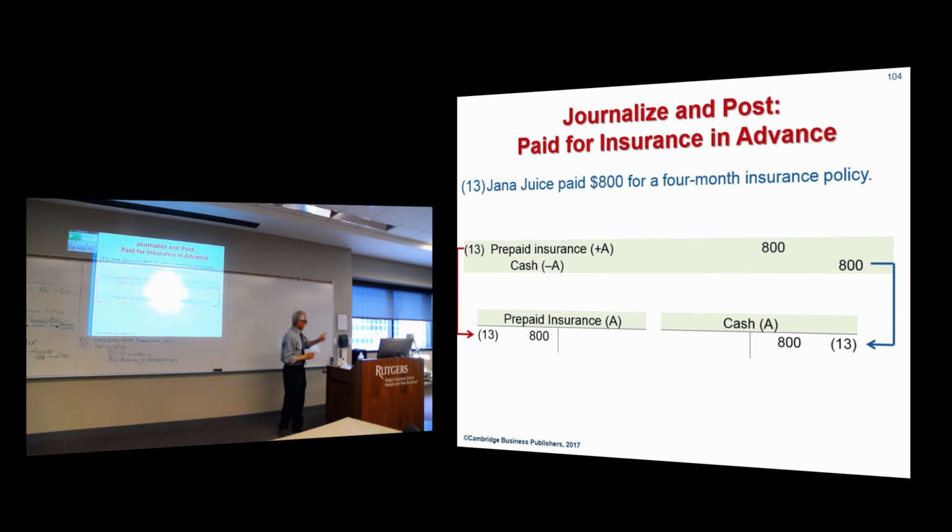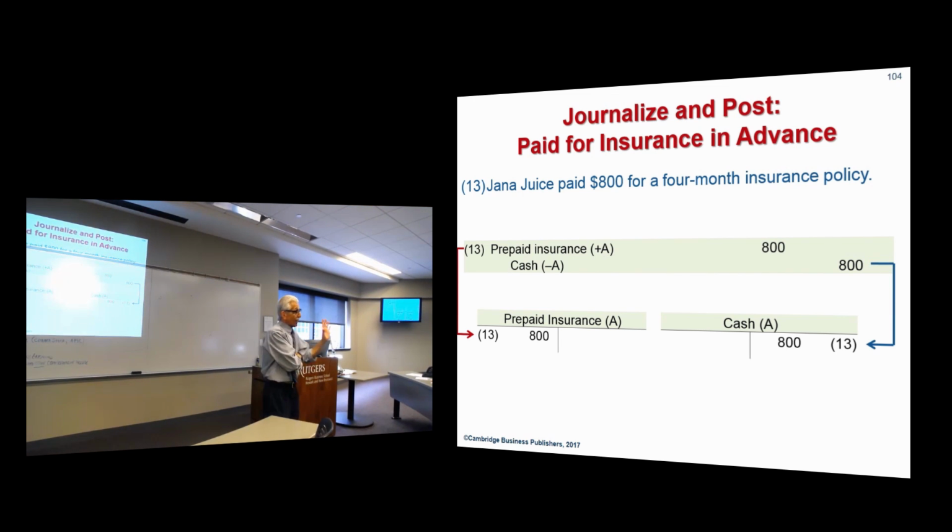What would you do in the month of June? How would you record the expiration of that insurance? We know what happens, right? That's the whole point of the transaction analysis. I know that I used up 200, and I know that I should have a balance of what? 600. That's the whole idea. I know that doing the mechanics and analysis initially may sound a little counterintuitive, but you've got to put them together.